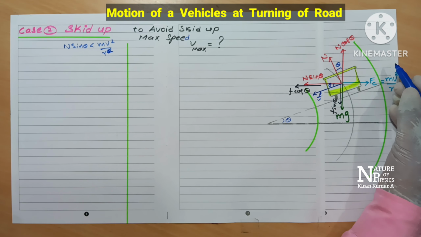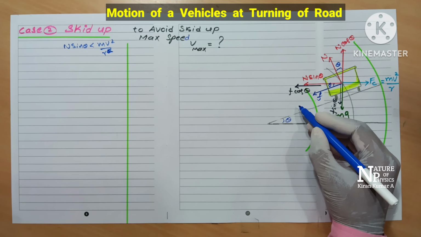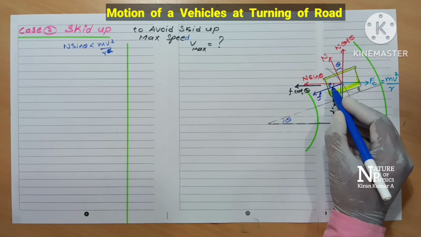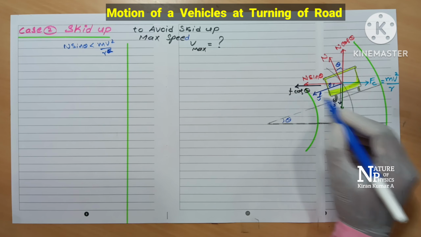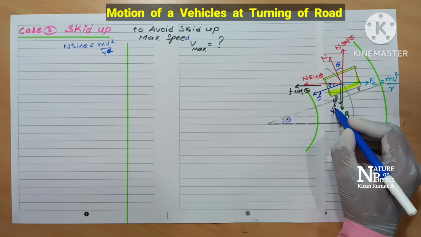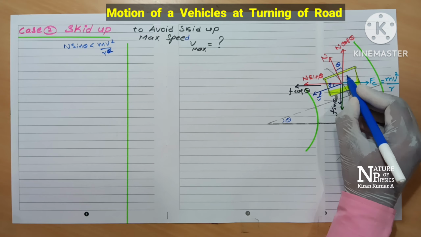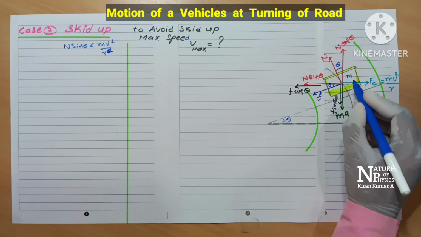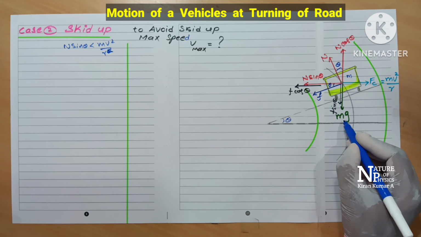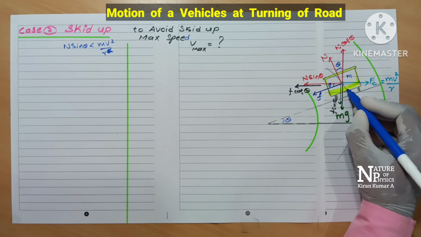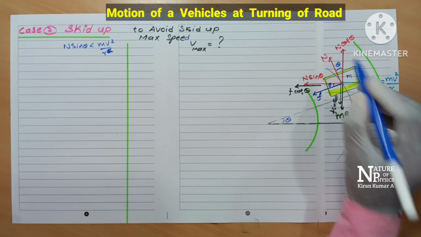Now skid up, that's why the frictional force is acting in the downward direction, so the frictional force is resolved into two components. The horizontal component is f cos theta and the vertical component is f sin theta, acting downward. Also, the weight of the vehicle, this feels like a lorry, mg is acting downward, and perpendicular to the surface is the normal reaction.